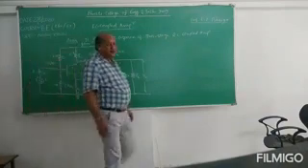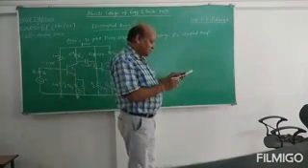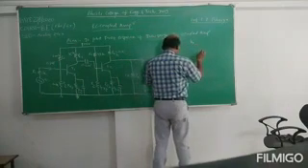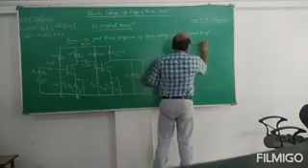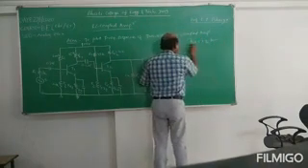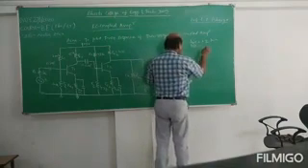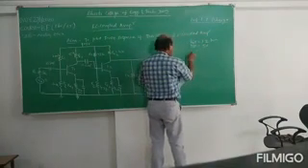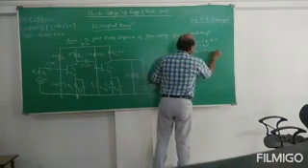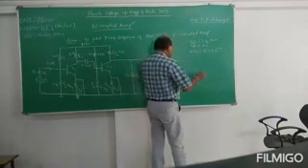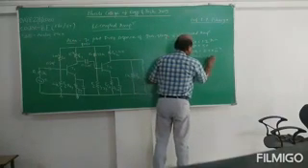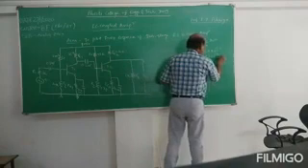If required, you can consider the H parameters of the transistors, since both are equivalent transistors. These values are HIE is equal to 1.2 kilo ohm, HFE is equal to 50, HRE is equal to 2.5 into 10 raised to minus 4, and HOE is equal to 25 into 10 raised to minus 6 ampere per volt.